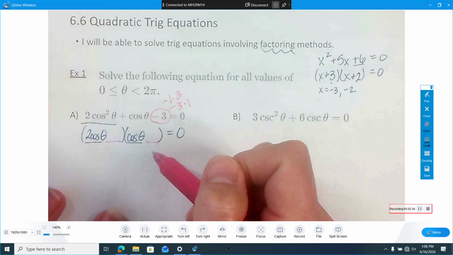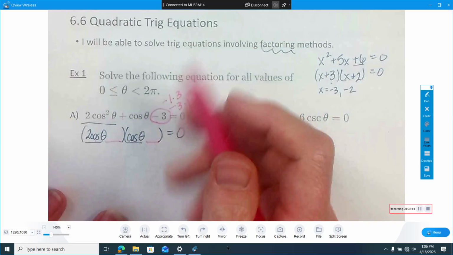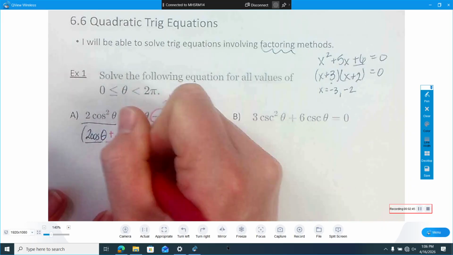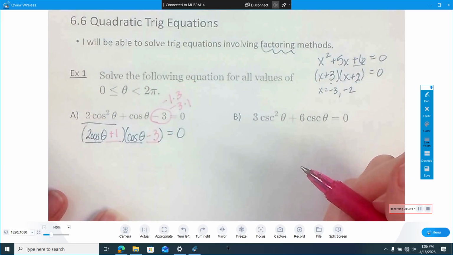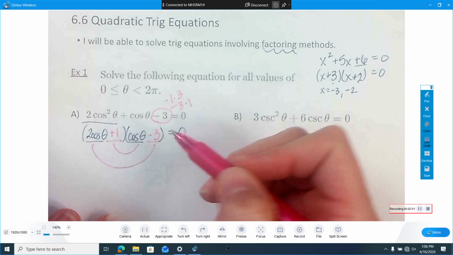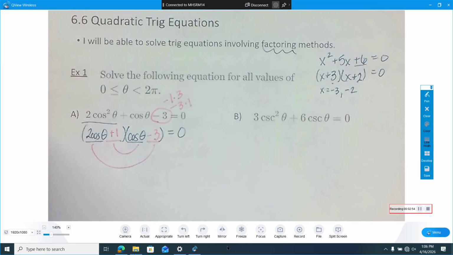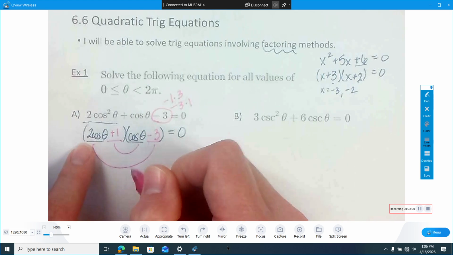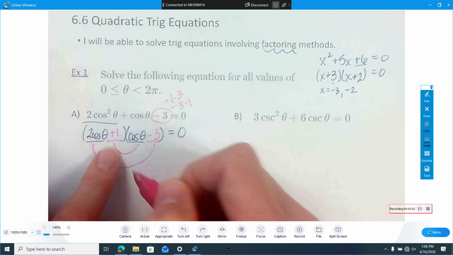So I'm going to go ahead and plug those in there. If I put my -3 on the outside here and a +1, look what happens. When we check the outer and inner products, here we would have -6 cosine theta and a 1 cosine theta. That gives me -5.